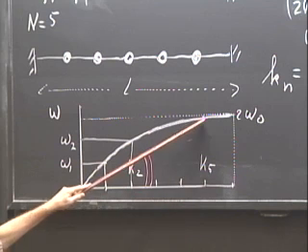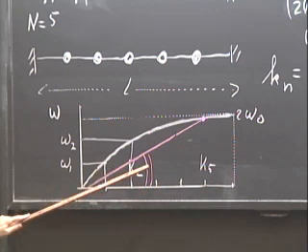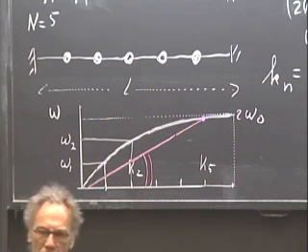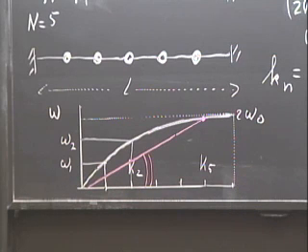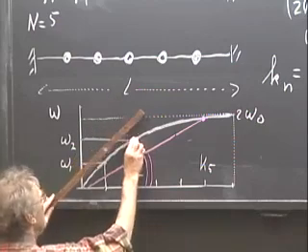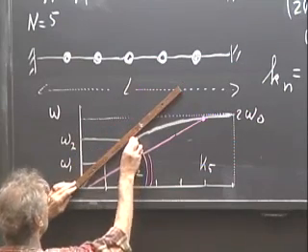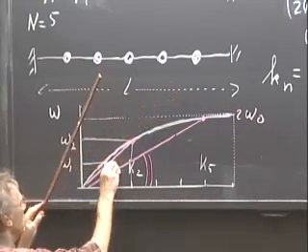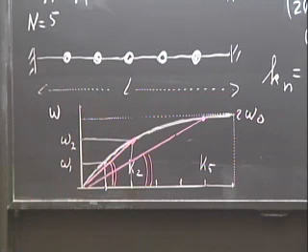So omega divided by k, the slope, is a measure for the propagation speed. And you see that if I go to this point here, and I draw this line, the slope is larger, and so the speed is larger.